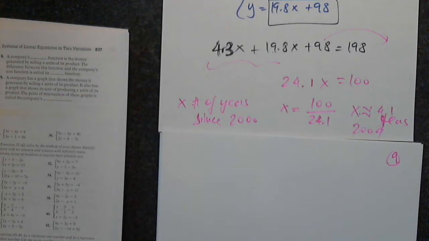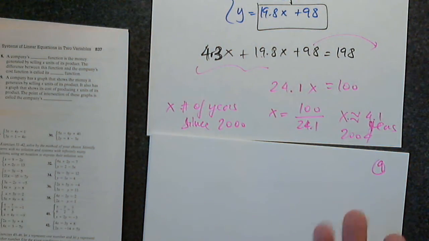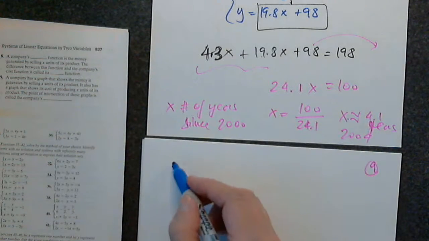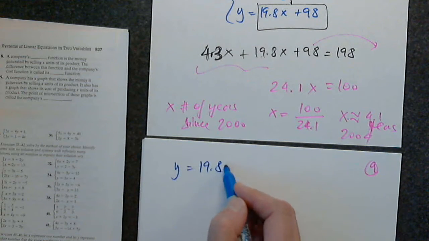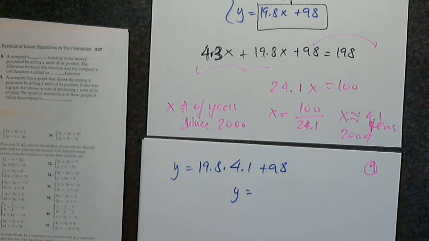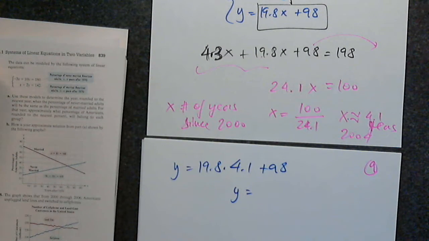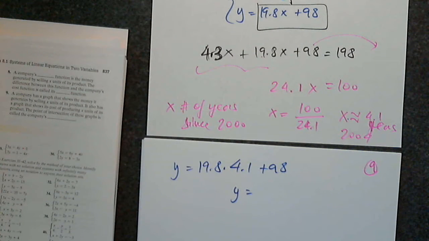Next, we will have to determine the x value of the point. So now we have to determine the other coordinate, which is the y coordinate, correct? Okay, so in y we have 19.8 multiplied by 4.1 plus 98. And for that, they want us to round how many millions of customers, round it to the nearest 10 million.